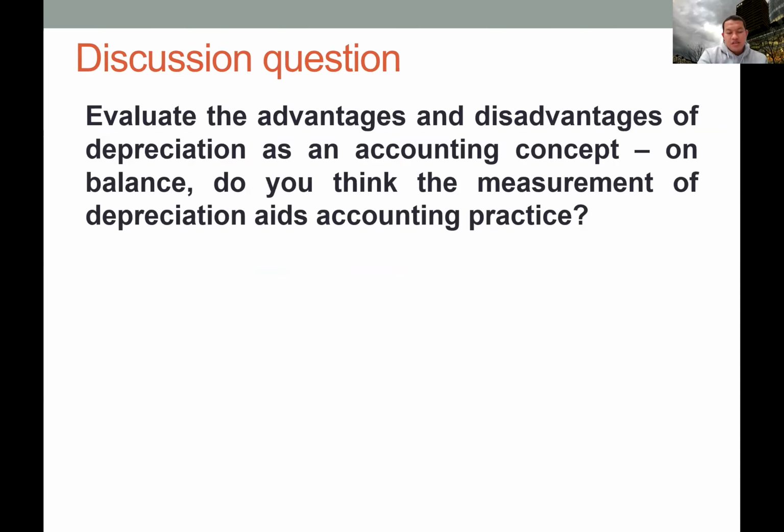As we already discussed, depreciation is simply systematically allocating the cost of a non-current asset throughout its economic life. If we identify some benefits of this concept, first, by systematically allocating the cost, we are maintaining the matching of cost against revenue principle.